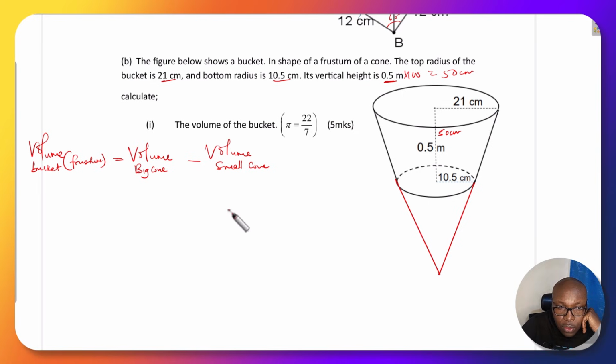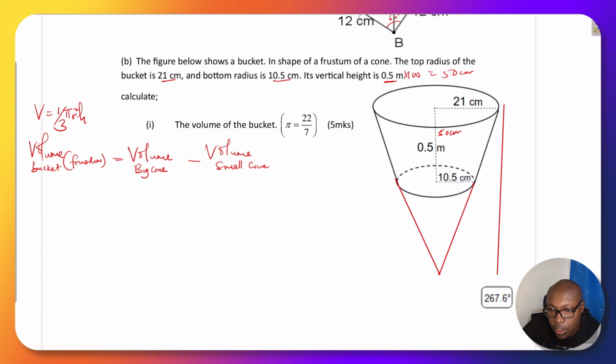So how do you get the volume of a cone? Volume is given by a third pi r squared, that is the base, the circle, pi r squared, multiplied by the height. We have the radius of the bigger cone and the radius of the smaller cone. What is missing is the height of both the bigger cone and the smaller one.